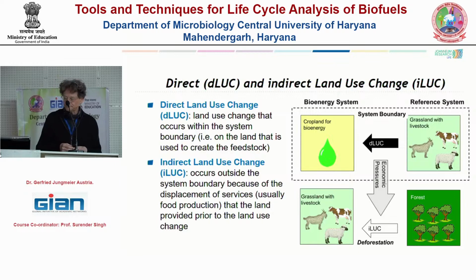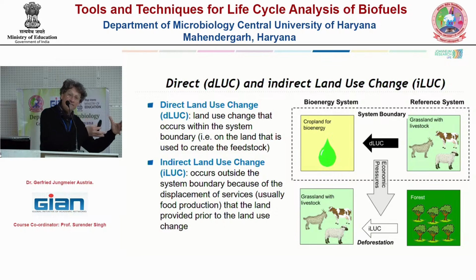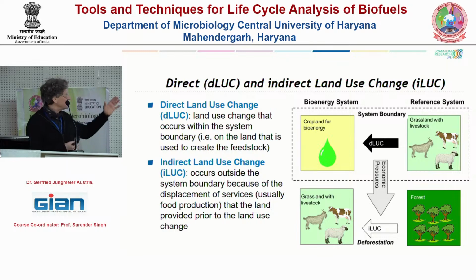The idea is in your LCA, you maybe start converting a grassland where you have animals in the beginning, and you convert that to cropland because you want to produce raw material for bioethanol or for biodiesel. By doing so, a direct land use change is happening, because before you had grassland and now you have agricultural land. And normally in grassland, you have more carbon stored than in agricultural land. So this is called the direct land use change because it's one piece of land you convert to another.